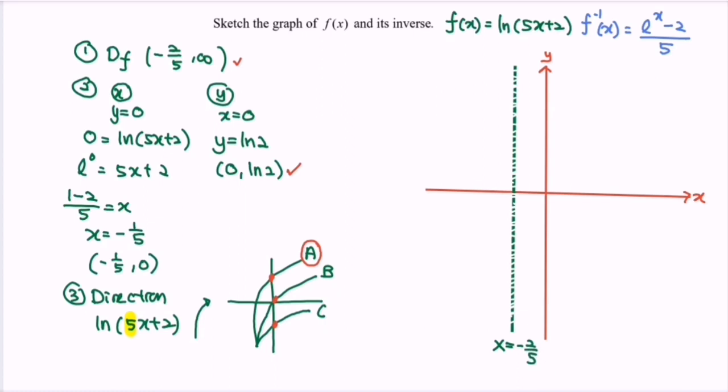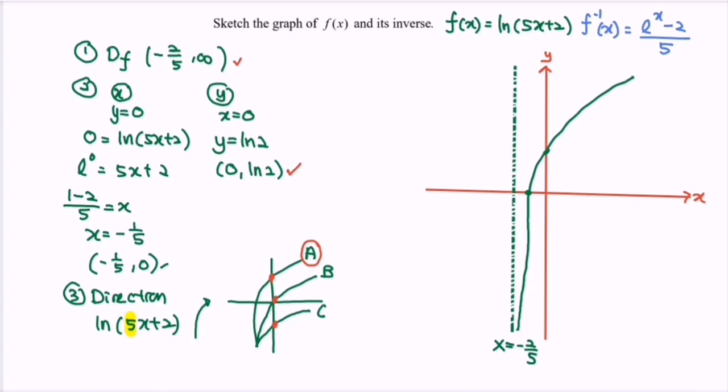Continue the graph. Here we have (−1/5, 0), let's say it is here. Next we have (0, ln 2), let's say we have it here. So the graph for the situation would be something like this. So that is the graph for f(x).